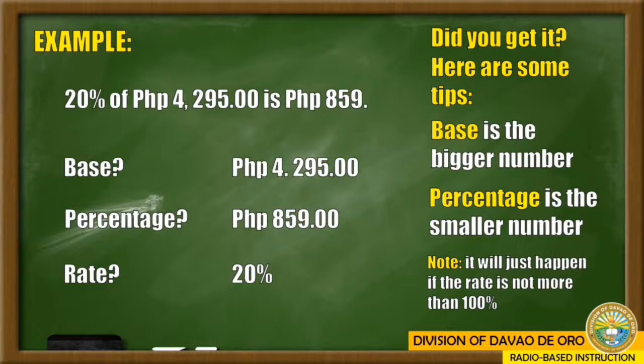But if it is more than 100%, the base will be the smaller number while the percentage is the bigger number. It is on the opposite side. Understood? Very good.